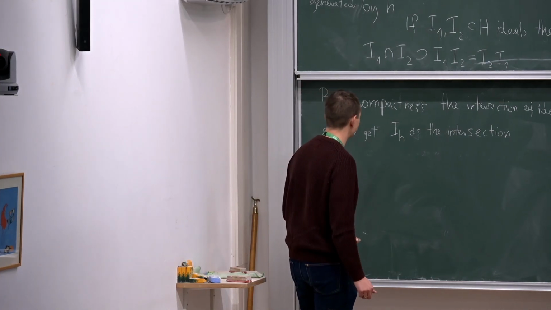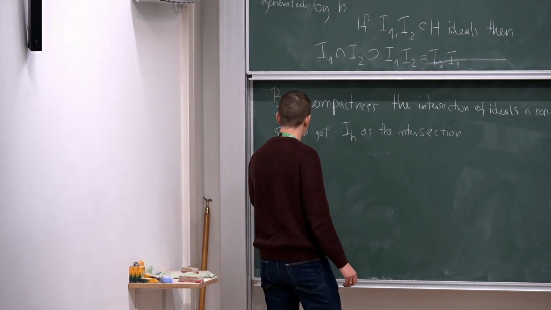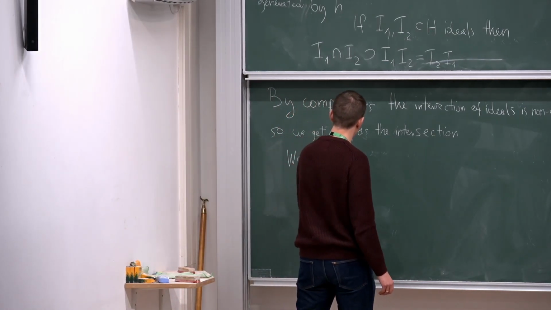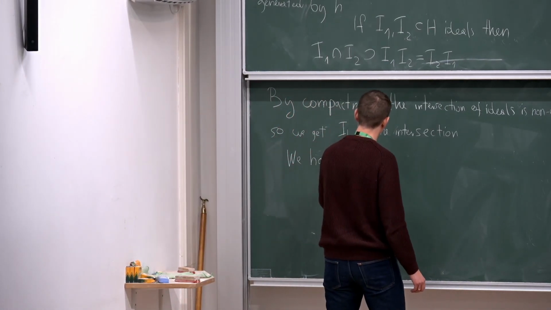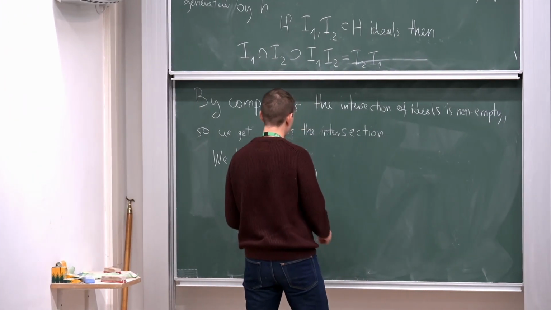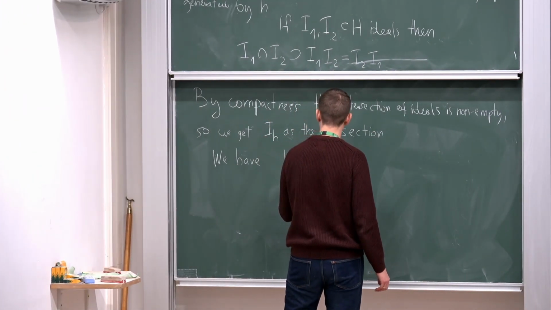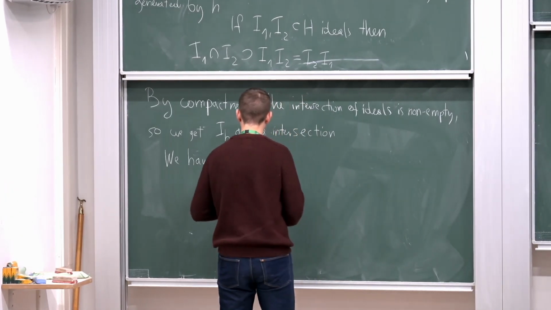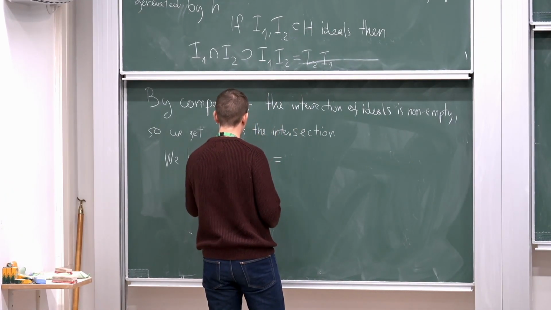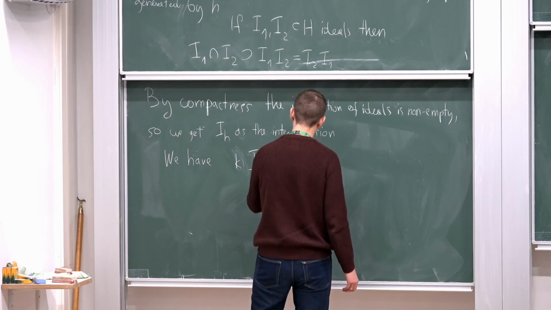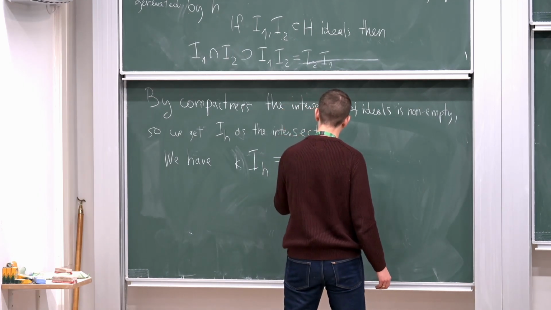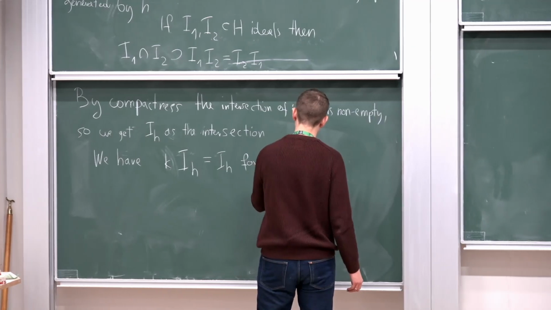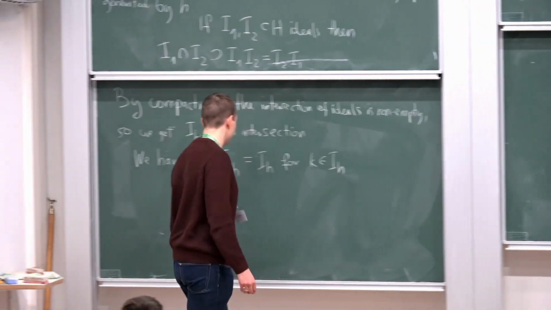Okay, so now we have that H times IH, or rather K times IH for any K in IH, is equal to IH.